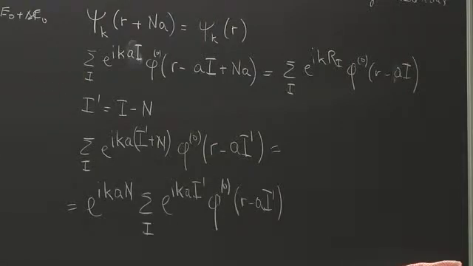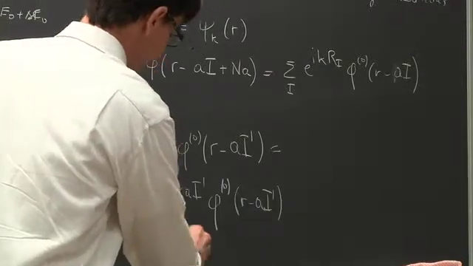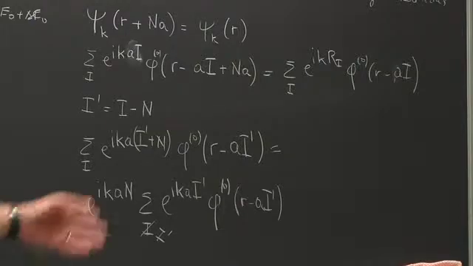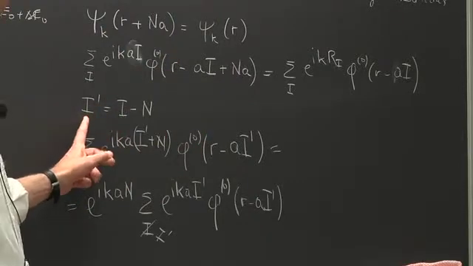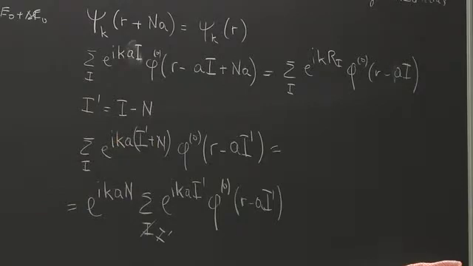So here I can sum also over i prime. The two indices will anyway go from minus infinity to plus infinity, so there's no difference. If I sum over i or over i prime, I'm going to cover all possible integers, all possible values from minus infinity to plus infinity. I'm just changing the origin of my index.